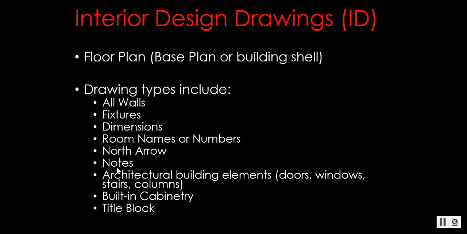It may have some notes. And architectural building elements, the doors, the windows, stairs, columns, just like we saw in that last floor plan. And also your built-in cabinetry, just like we saw in the kitchen. And always a title block.